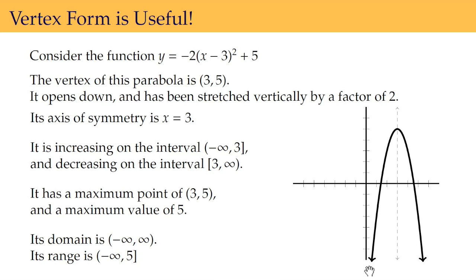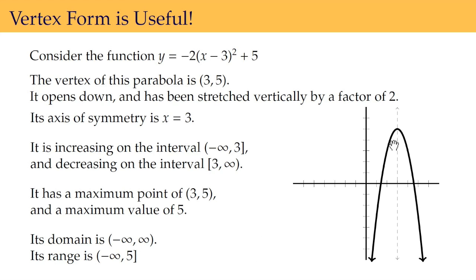In this case, it goes down forever, so it begins from -infinity, and then 5 is the highest y-coordinate. That's the maximum value. Notice that I do use the square bracket because 5 is part of the range.